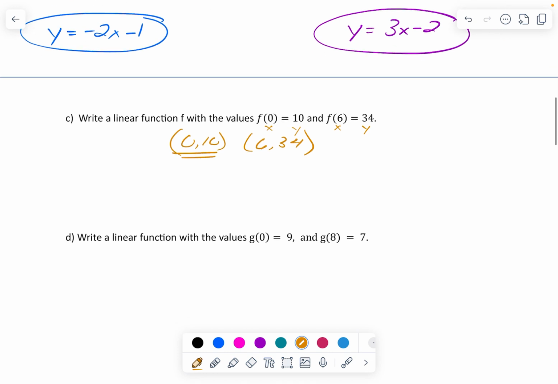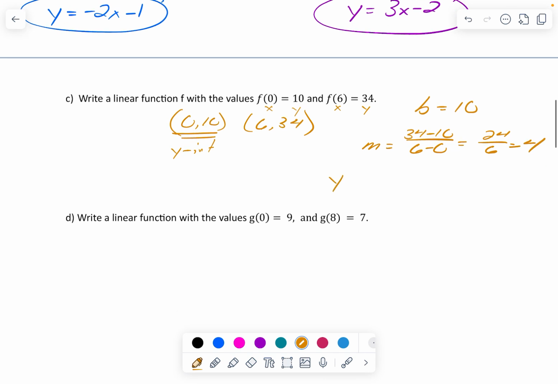And this one is my y-intercept, so I know b is 10. Let's figure out our slope. 34 minus 10 over 6 minus 0, which is 24 over 6, or 4. So my equation's going to be y equals 4x plus 10.